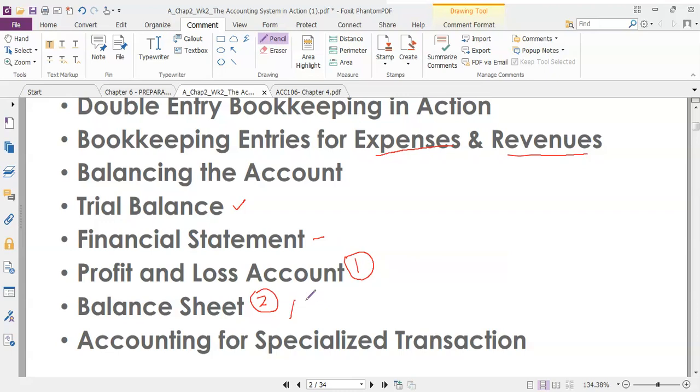Okay, so other name for balance sheet is called statement of financial position.